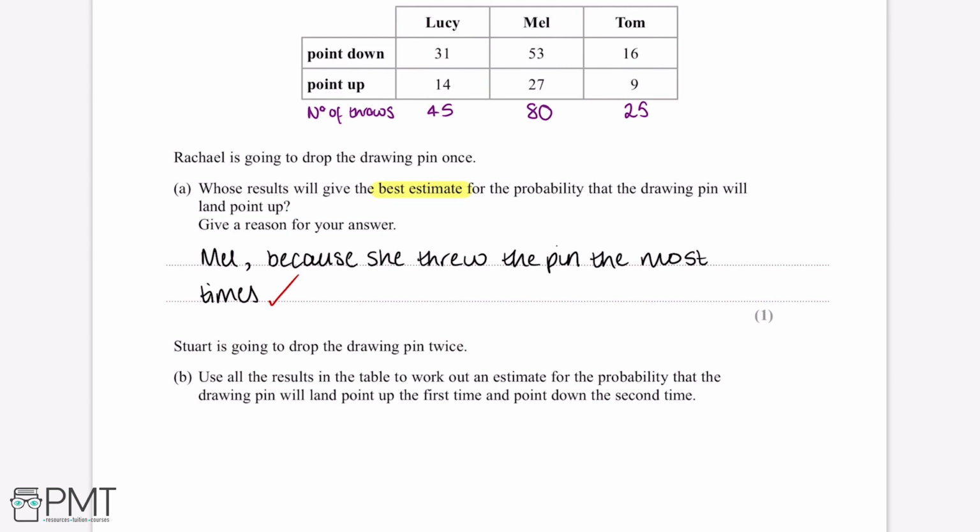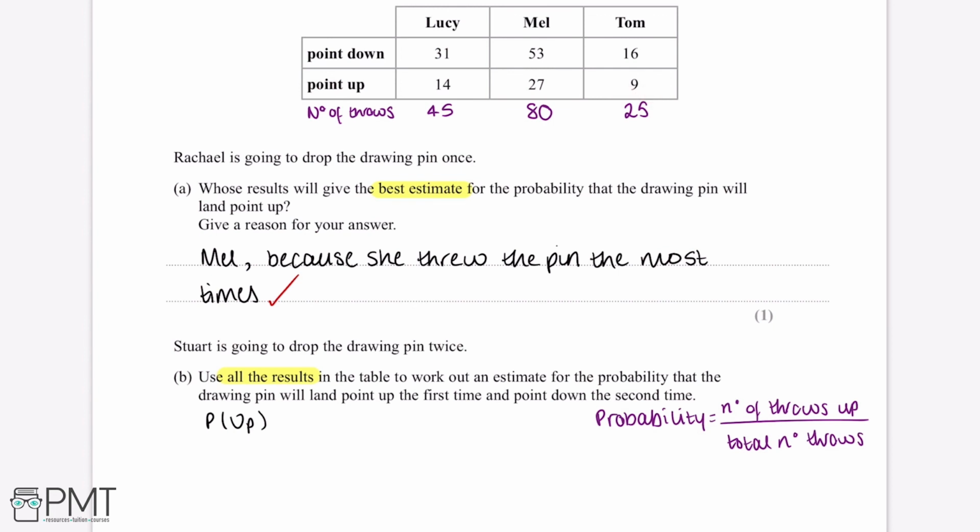So if we start off with the probability that the pin will land point up, because we're using all of the results in the table, our probability that the pin will land point up will be equal to the number of throws which landed point up divided by the total number of throws. So the number of throws which landed point up is in this row here.